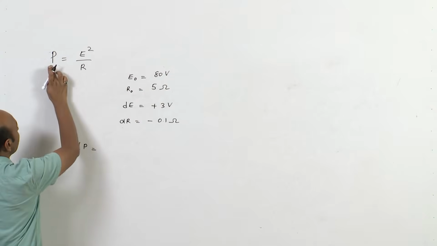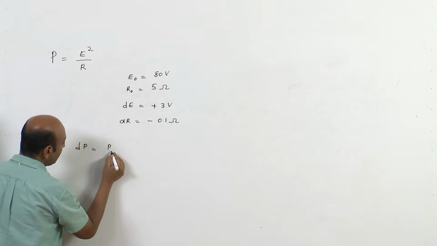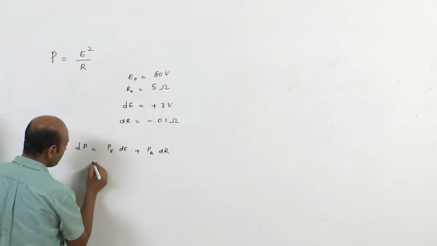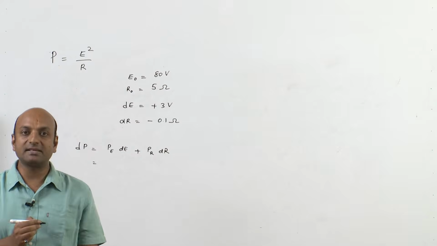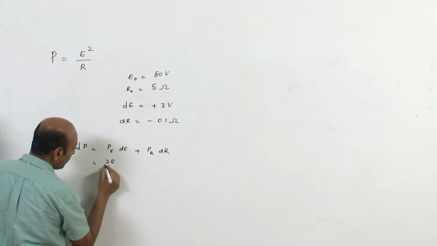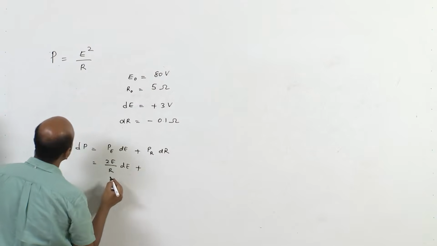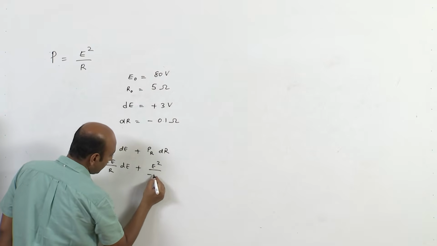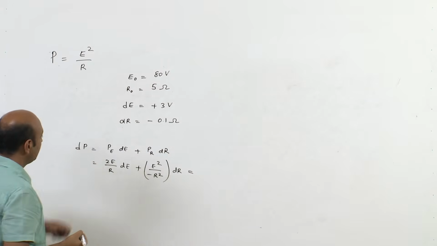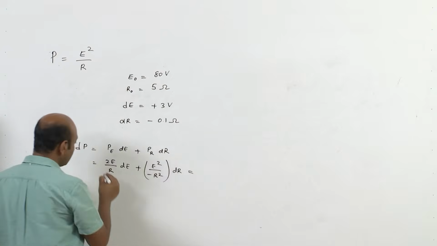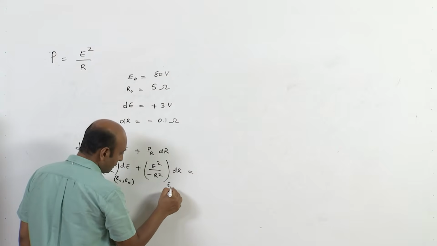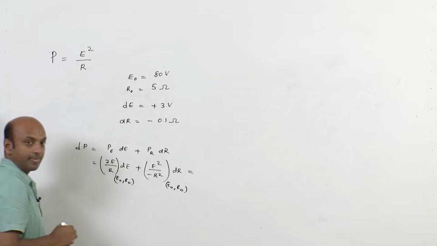Now P is a function of E and R, so it will be P_E into dE plus P_R into dR, because here the independent variables are E and R. When you differentiate with respect to E and R, it will be 2E upon R into dE plus minus E square upon R square into dR. Now, we have to find this value at E naught, R naught.